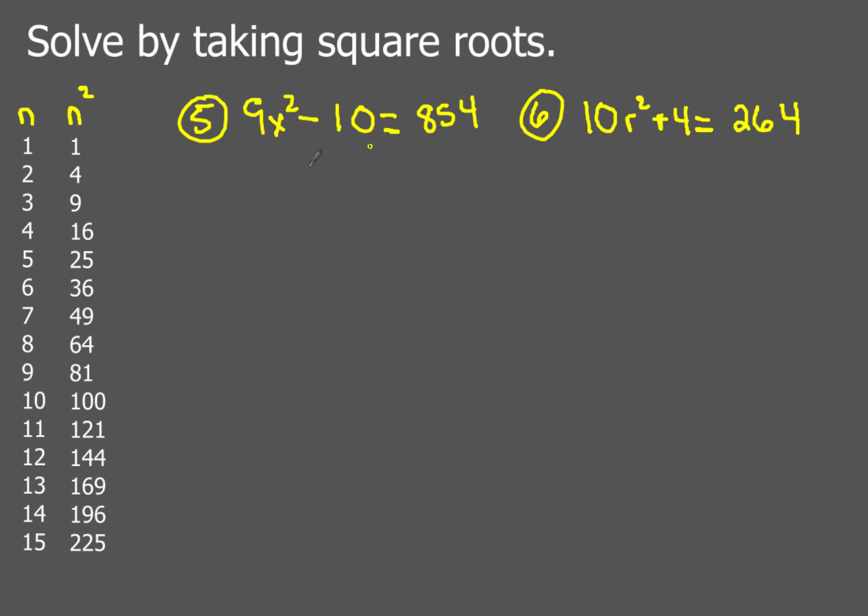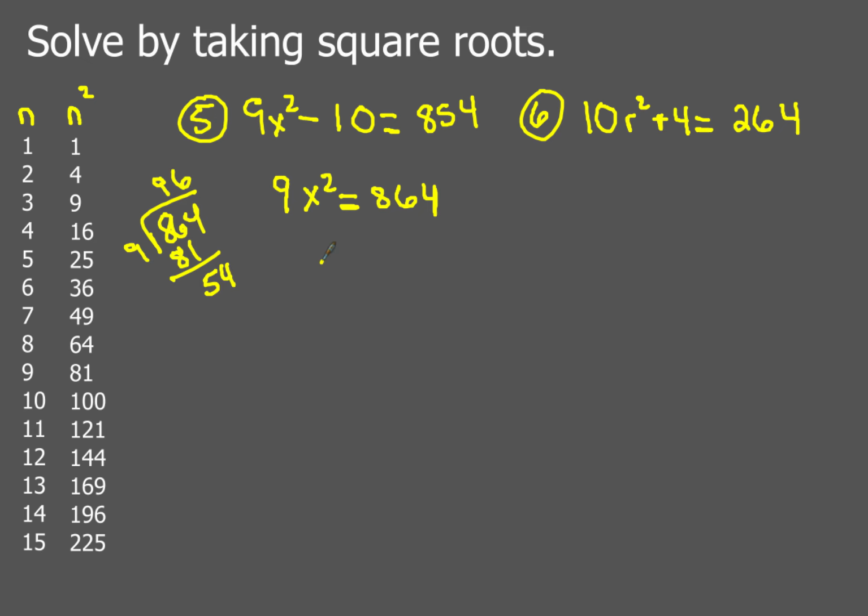So on number 5, I'm going to go ahead and start by adding 10. If I add 10 to both sides, I'm going to get 9x squared equals 854 plus 10, which gives me 864. Now when I divide both sides by 9, 864 divided by 9: 9 goes into 86 9 times, because 9 times 9 gives me 81, and then I'm left with 5, so 54, and 9 goes into 54 6 times.